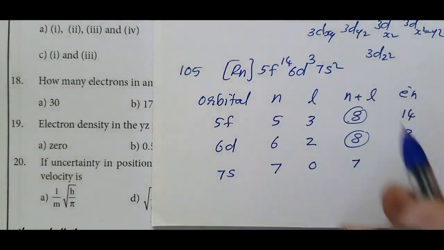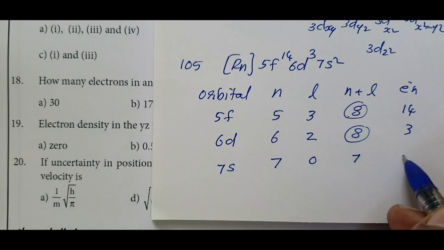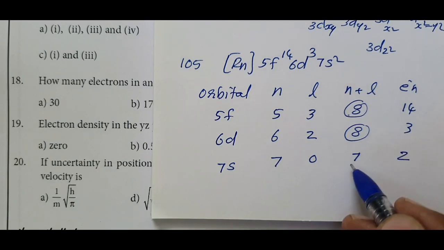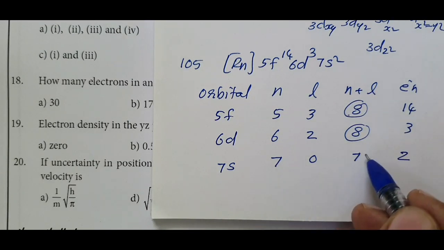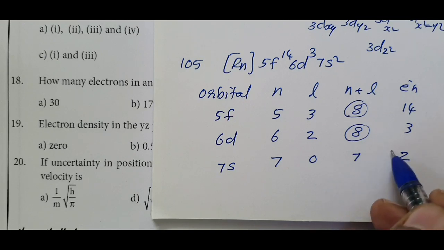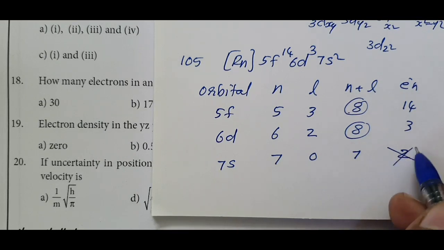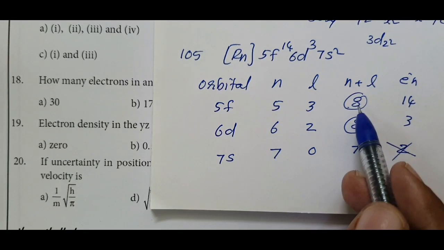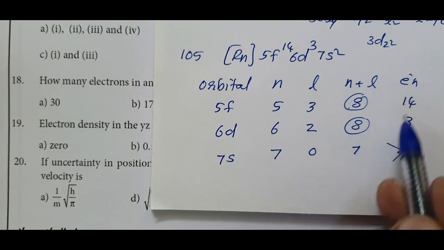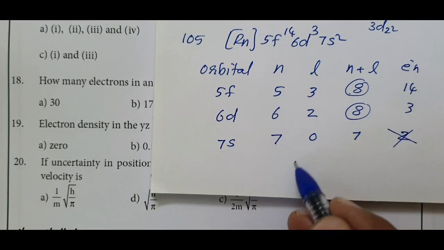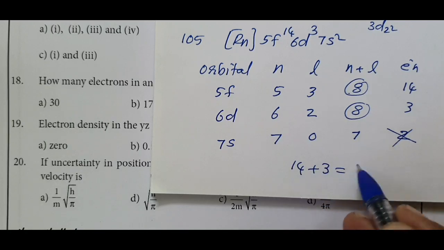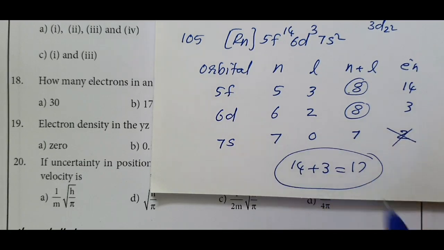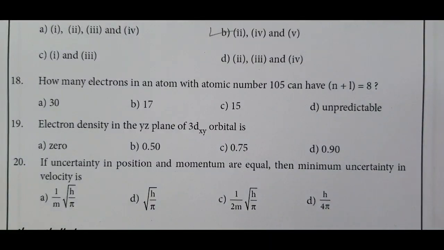So 14 plus 3 equals. Here 2 electrons, but this n plus L value is not equal to 8, so we don't count these. For n plus L value 8, total number of electrons 14 plus 3 equal to 17 electrons are present. 17 is the answer.